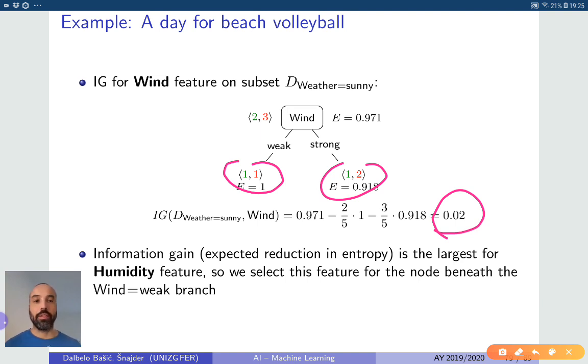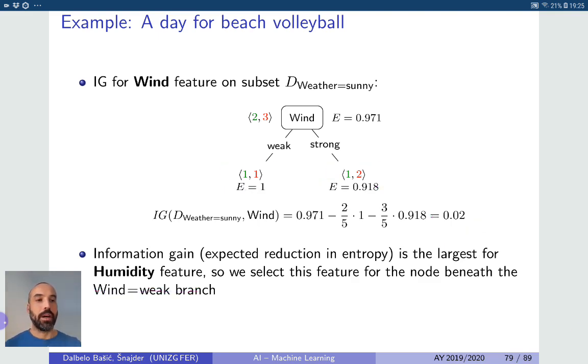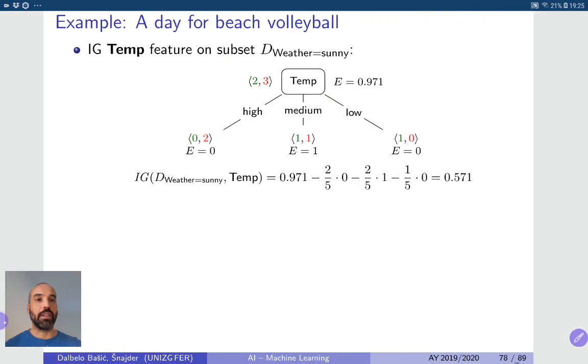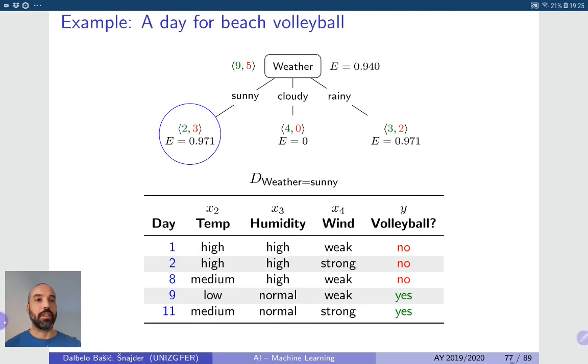So we will select that feature for the node beneath the wind equals weak branch. No, not really beneath the wind equals weak branch, but that's an error. But beneath this branch, the weather equals sunny branch, right? Because this is the node, this is the feature we're looking at, and the node we're looking at.